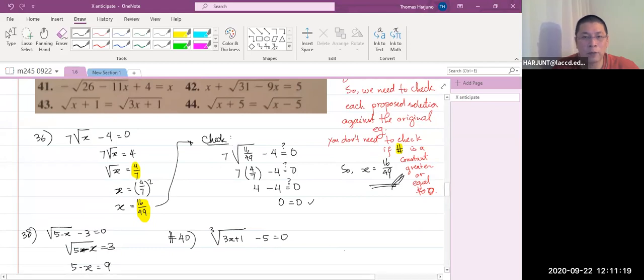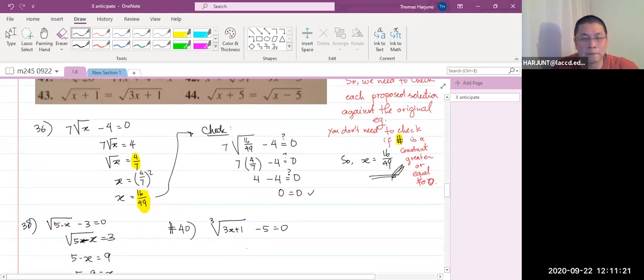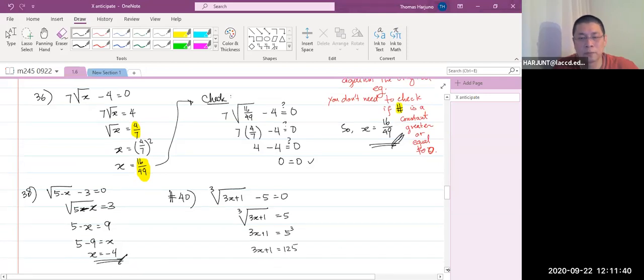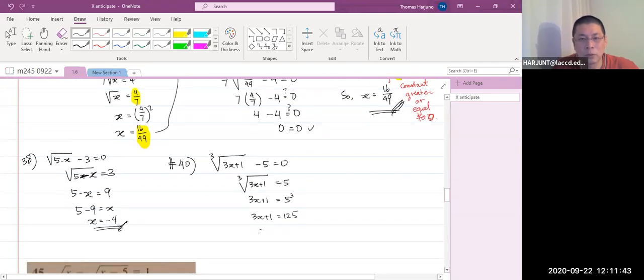So I move the 5 to the other side. Now to undo the cube root, I cube both sides, taking it to the power of 3. So 3x plus 1 is 125. 3x is 124. x is 124 over 3.